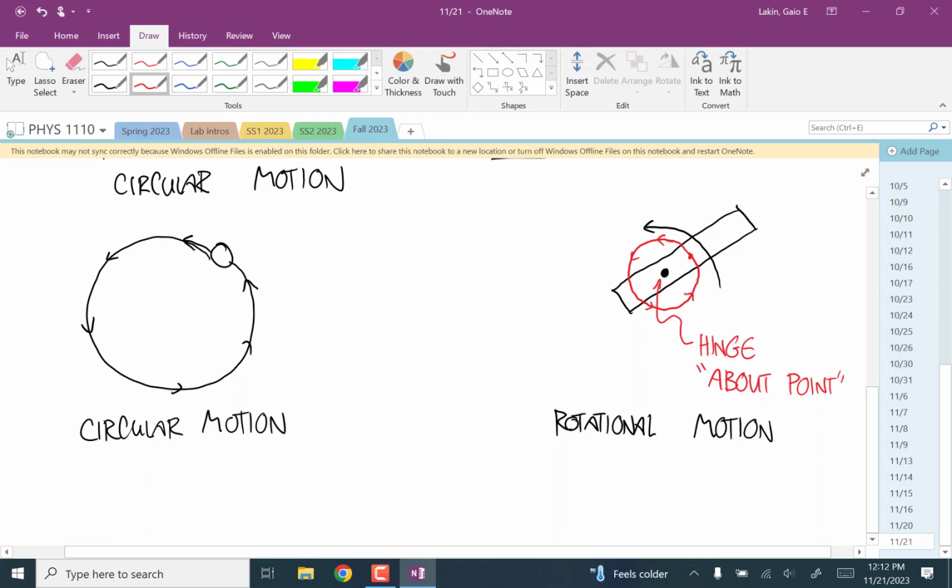You can think of that point as a particle, and that particle is following a circular path around the about point.